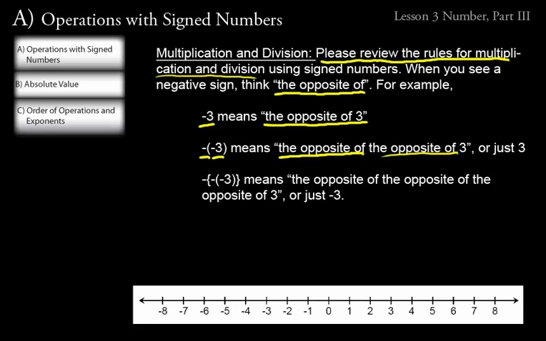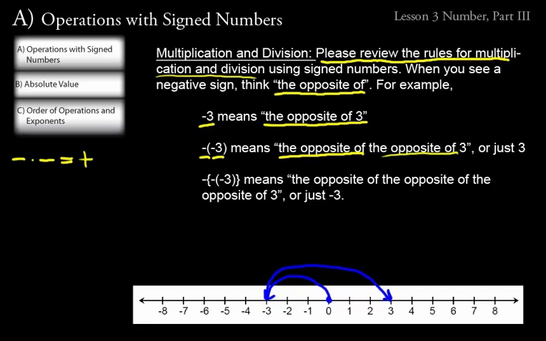Start at 0, go to negative 3. Now what is the opposite of that? Well, that would be over here, right? The opposite of negative 3, or the opposite of 3. That's a positive 3. A simple way to remember it is that negative times negative, that equals a positive.